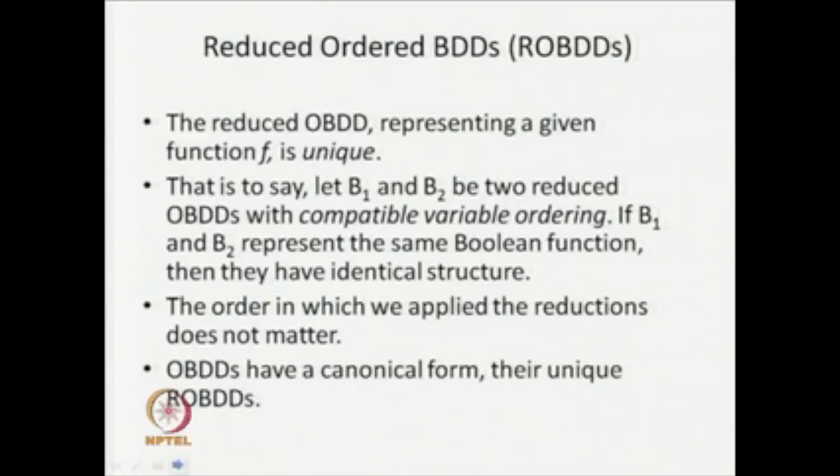Because if you change the variable ordering, then the size will vary, as we have already seen. That means we are going to get a different representation, a different BDD. So, with a particular variable ordering, we are going to get a unique representation.